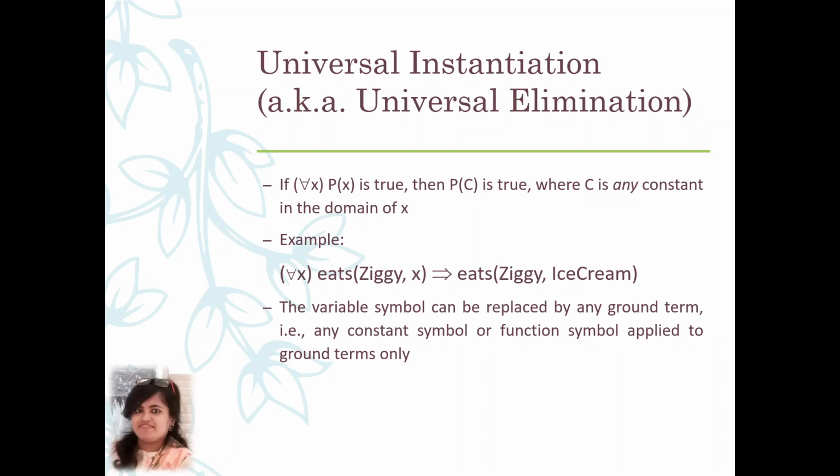So it is that Jiggy eats ice cream. If ice cream belongs to the x domain, then Jiggy is also going to eat the ice cream. The variable symbol can be replaced by any ground term, that is, any constant symbol or function symbol applied to ground terms only.